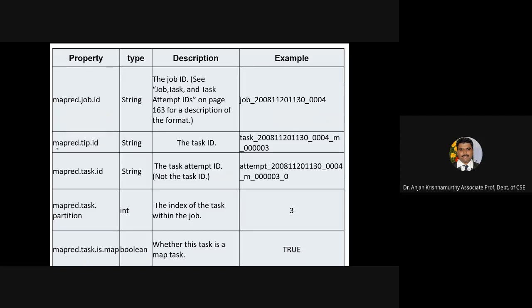Similarly, you can also have the task attempt ID, which is in this string format. You can also see the number of partitions for the task trackers. It is an integer type, and the example value is 3, maybe any number of partitions that you are going to create. With respect to map, it's a Boolean value, whether the task is a map task or not. It may be set to either true or false.